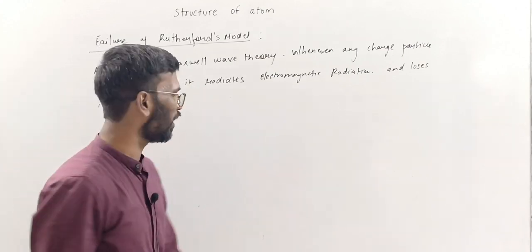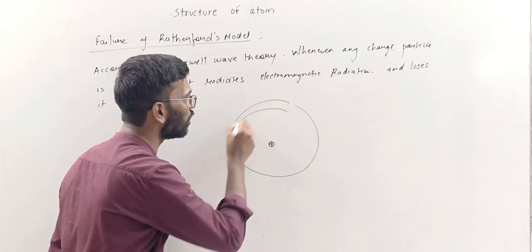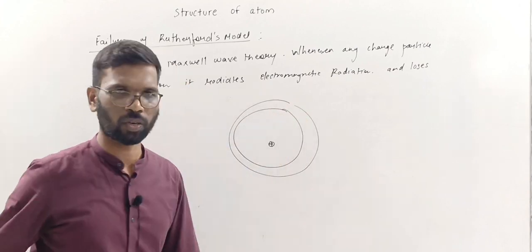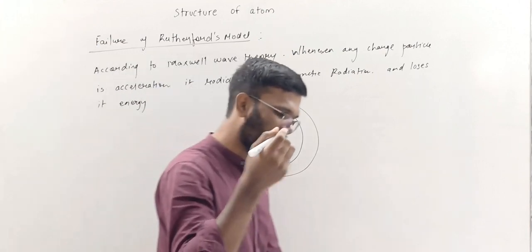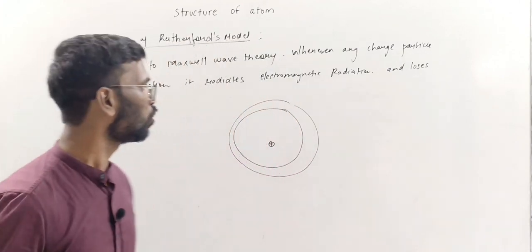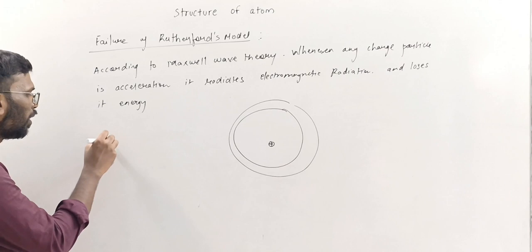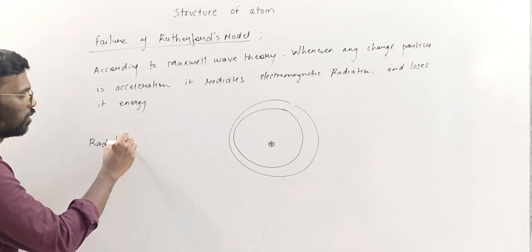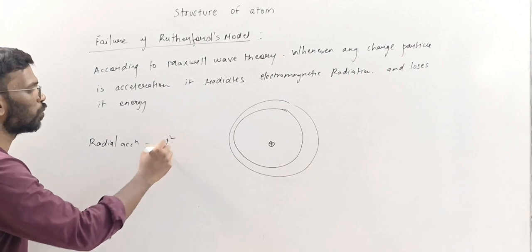This is the nucleus, and the electron is revolving around the nucleus in a circular orbit. According to Maxwell wave theory, the electron is a charged particle in circular motion, so it is under radial acceleration, given by v² by r.